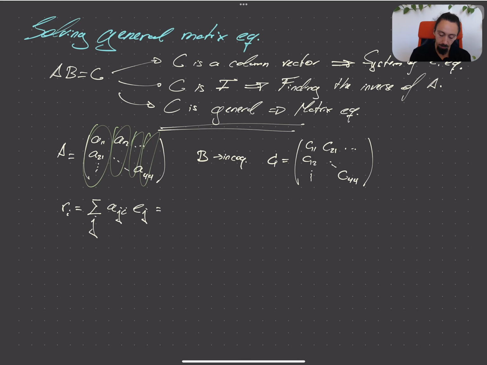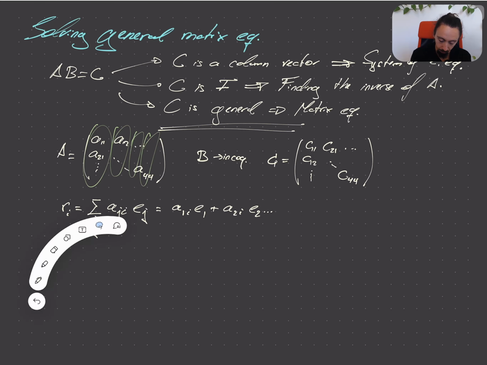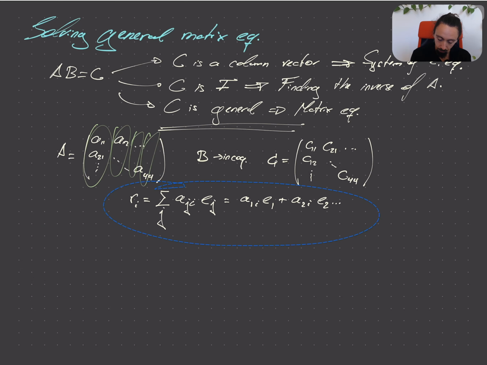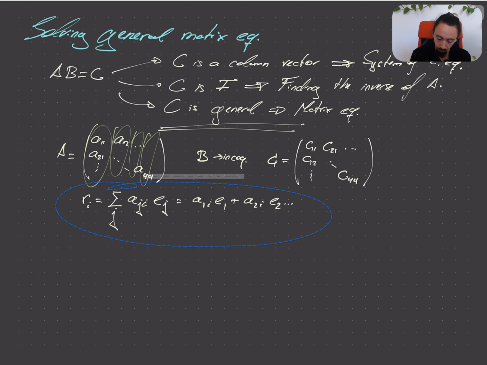So this should be equal, for example, to R1 = A11 e1 plus A21 e2, and so on and so forth. These are the vectors that we formed before, and now we make the following construction. I'm going to make a little bit more space because I will need it here. So this will be step 1.